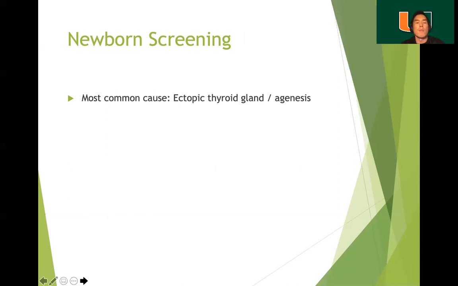How do we come to the final diagnosis of ectopic thyroid gland? There's also the possibility of transmission of maternal antibodies. This is a reason why we do thyroid function tests in infants of mothers with a history of thyroid disorder.